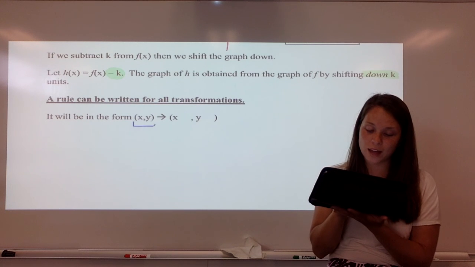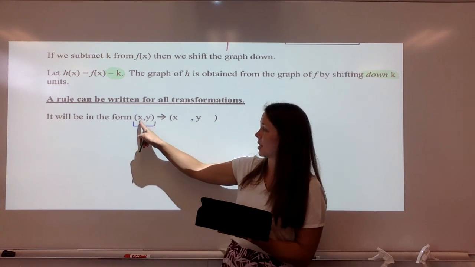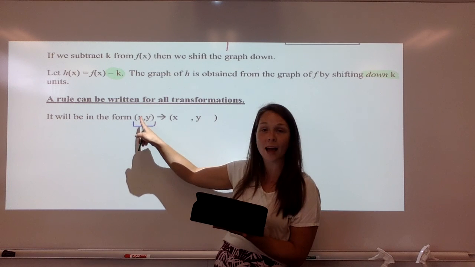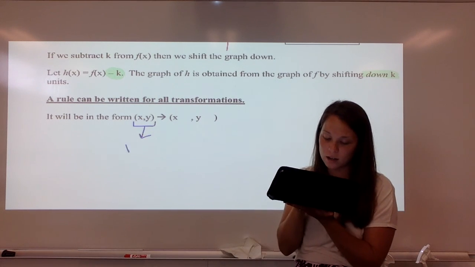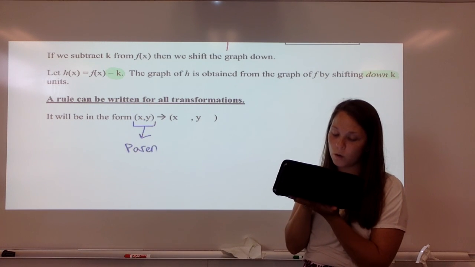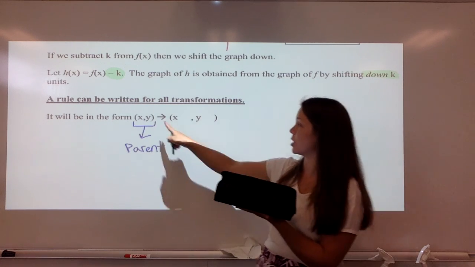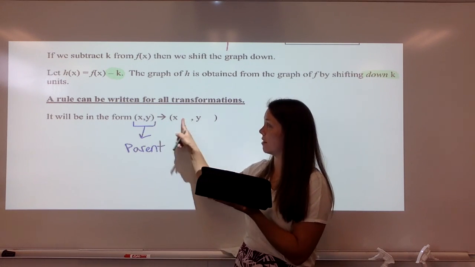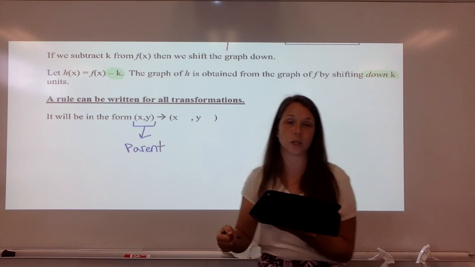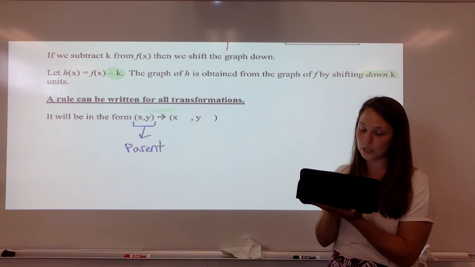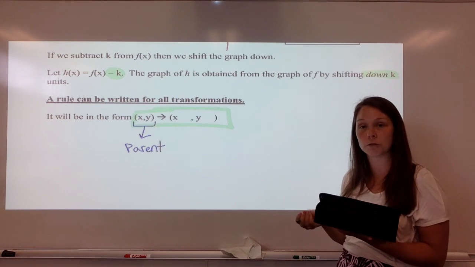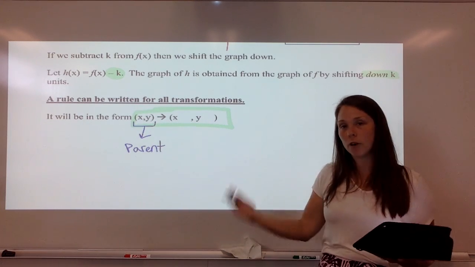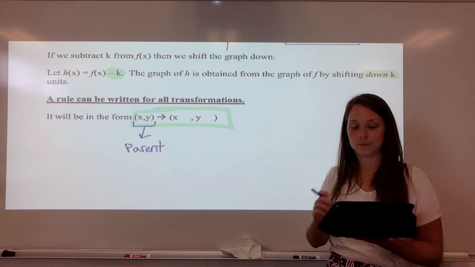So that's what this first set of ordered pairs, x comma y, is saying: your x and y coordinates from the parent, what is happening to them to then transform into the new. And this is where we would write in those transformations. So we will be using this setup of writing a rule for these transformations for all of our example problems here on out.